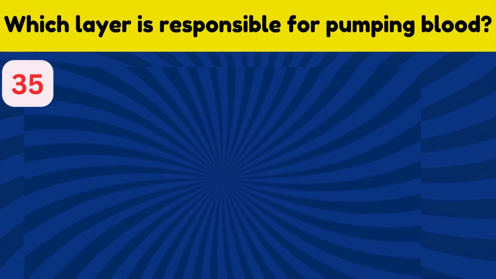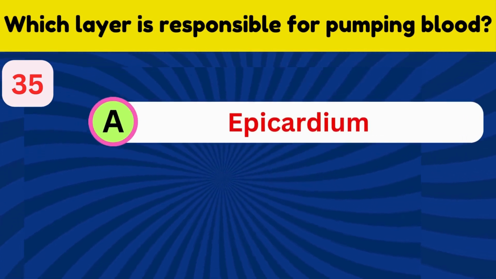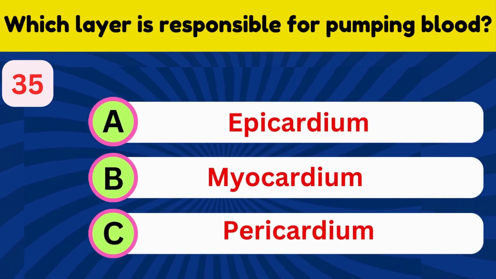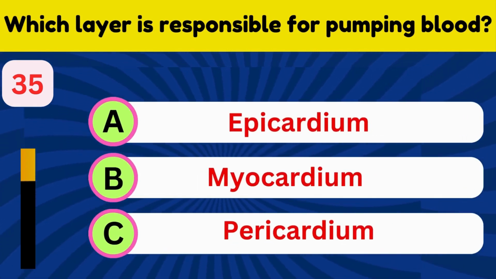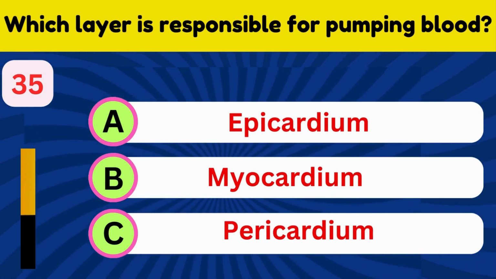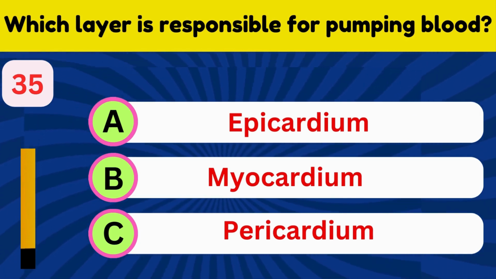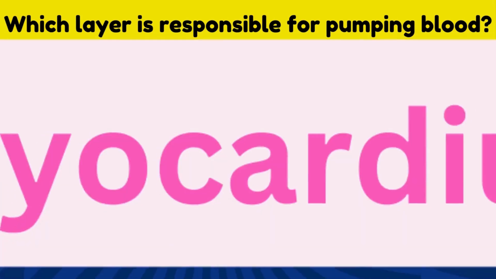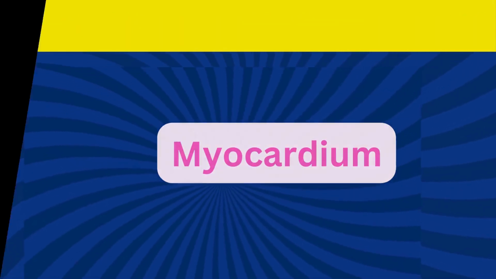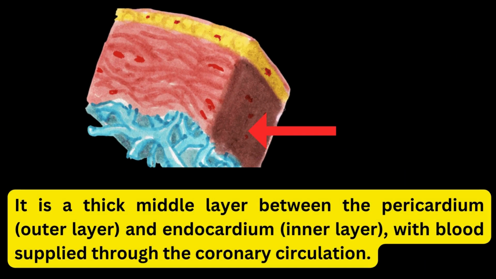Which layer is responsible for pumping blood? Myocardium. It is a thick middle layer between the pericardium, outer layer, and endocardium, inner layer, with blood supplied through the coronary circulation.